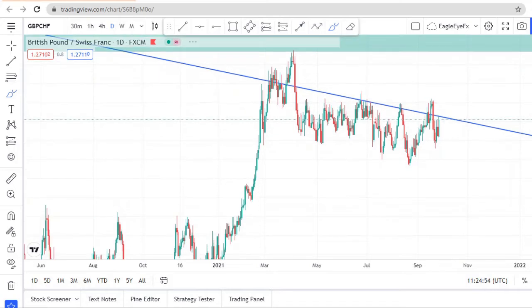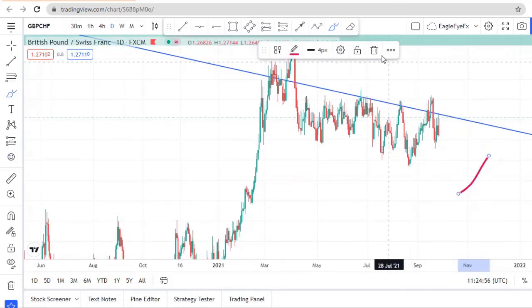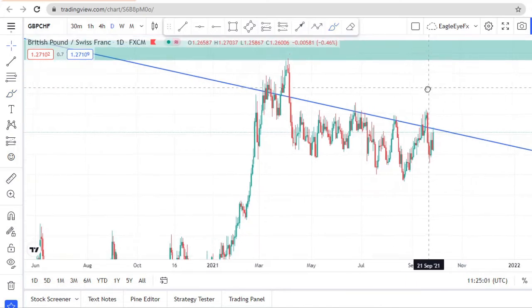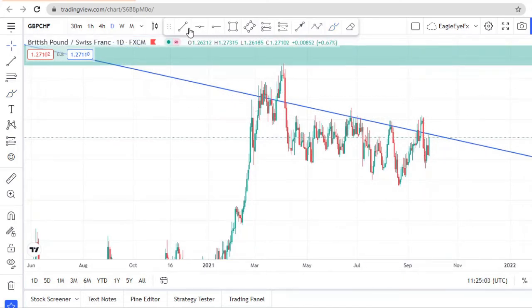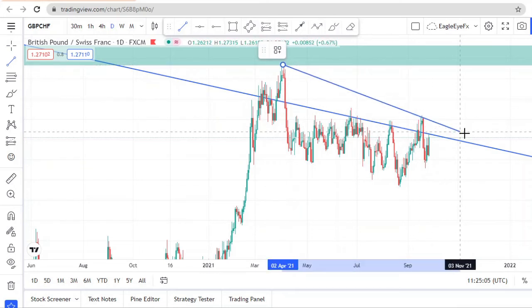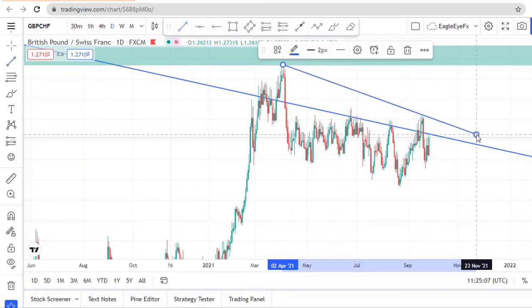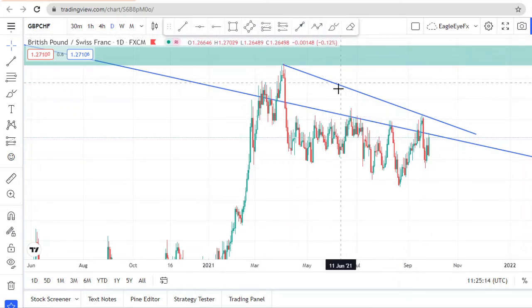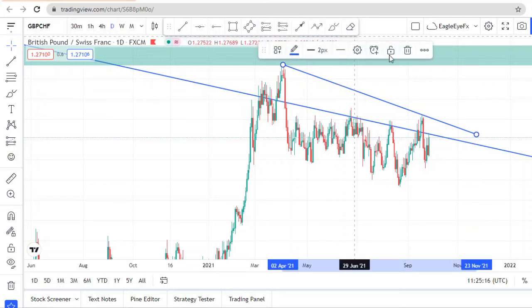So on the daily time frame, I would like to add this here because I've not seen that level being broken. Or maybe what I can do is, let me remove this.